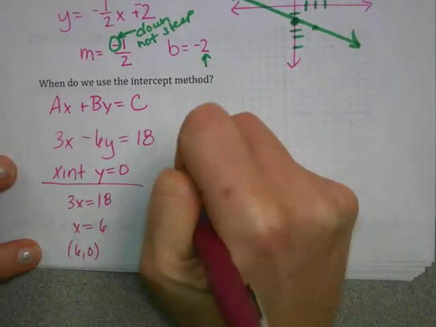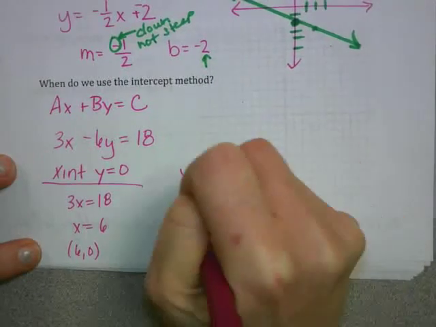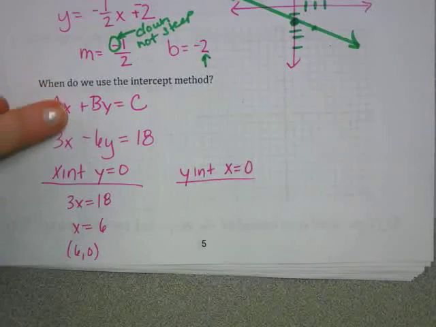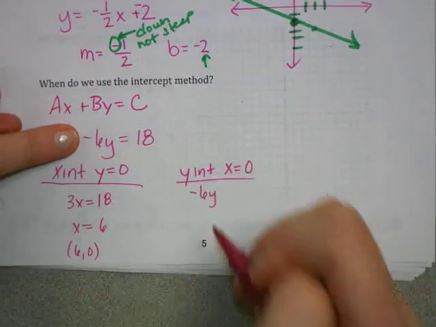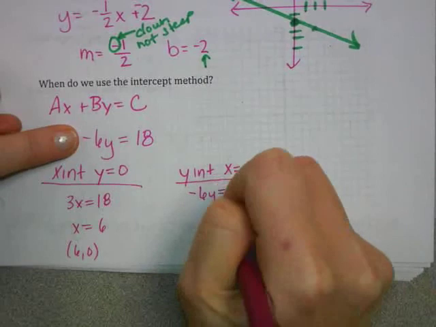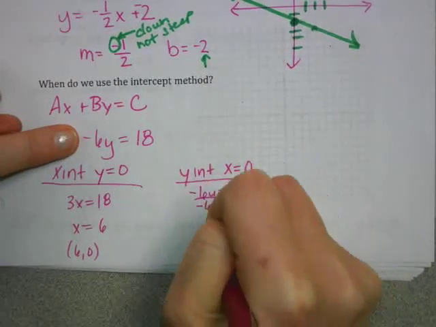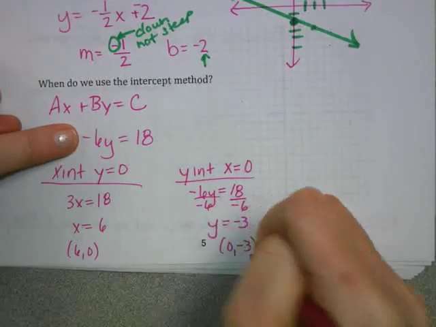And if I'm looking for my y-intercept, I'm on the y-axis, so to be on the y-axis, x has to be 0. Now when you plug 0 in for x, don't forget about this negative sign here. It's still there, so it's -6y equals 18. Divide both sides by -6, and y equals -3. So that point is 0, -3.